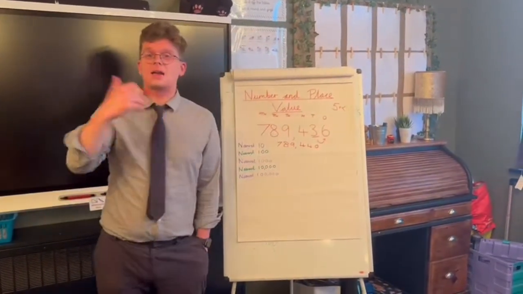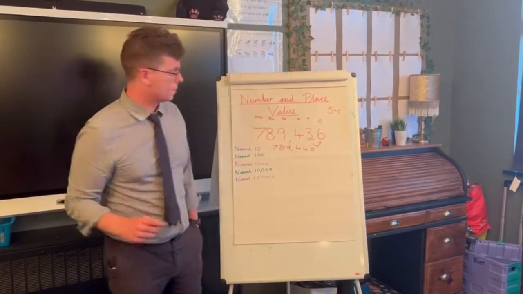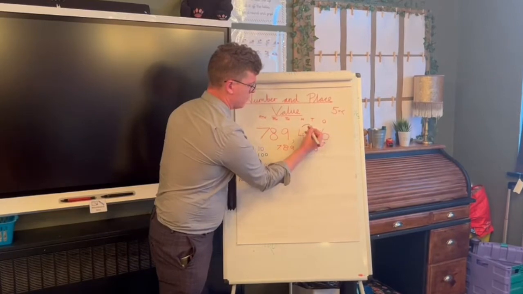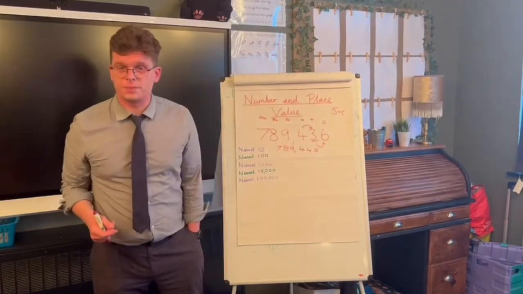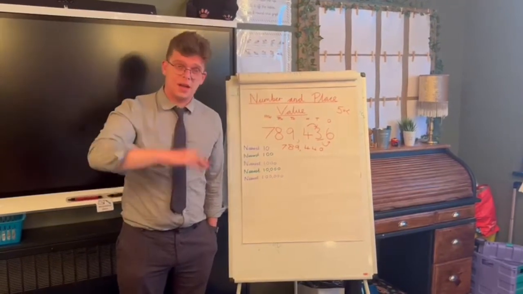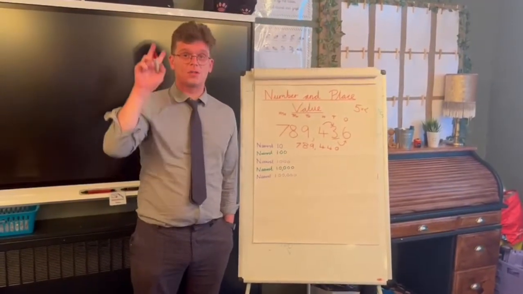Now, let's say we round to the nearest 100. We would do the exact same thing, except we would start by looking at the hundreds column. Our hundreds column has a 4. We look to the digit on the right. It's a 3. Is 3 5 or greater? No, it is not. It's less. Therefore, it will stay the same. We will round down.